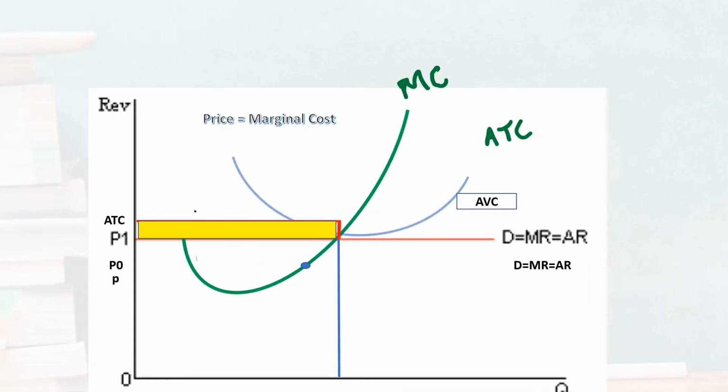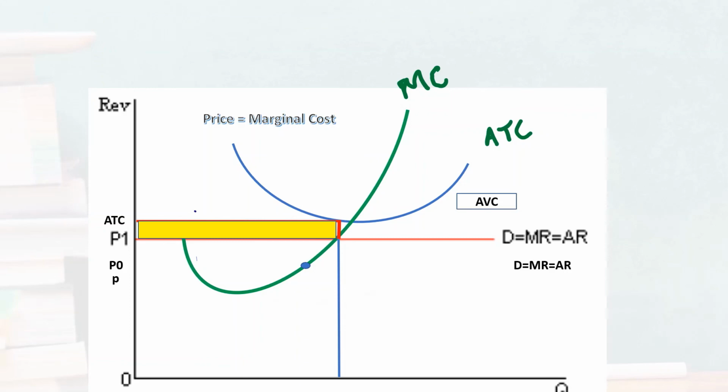So basically, whether the firm is earning profit or losses depends on the average total cost, because prices are given. So the average total cost actually determines whether the firm will earn losses or profit.